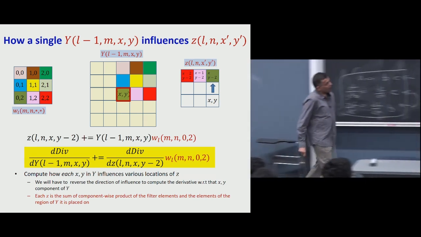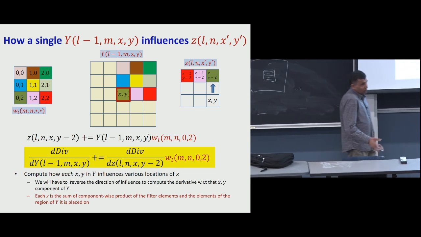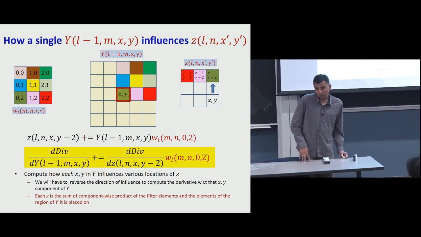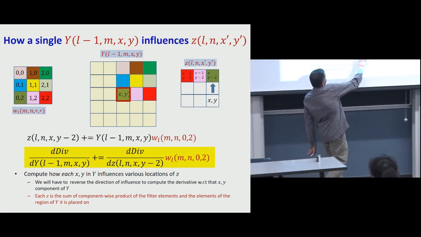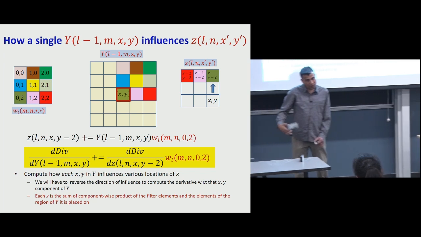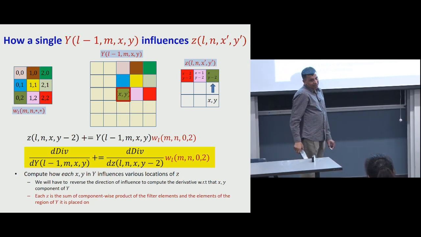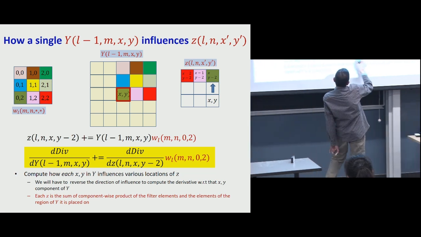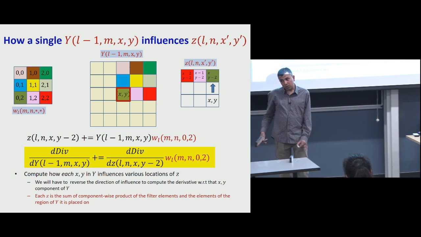And now I'm computing z20, or generally zx minus 2y, right? So zx minus 2y is going to have yxy times w02. So therefore, the derivative of the divergence with respect to yxy is the derivative of the divergence with respect to zx, y minus 2 times w02.